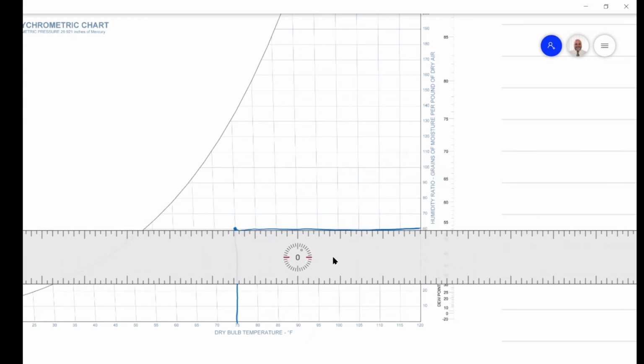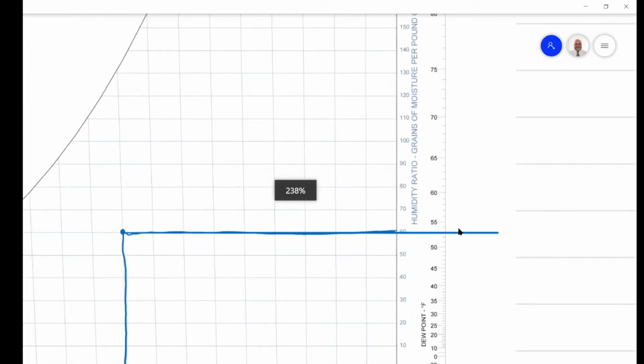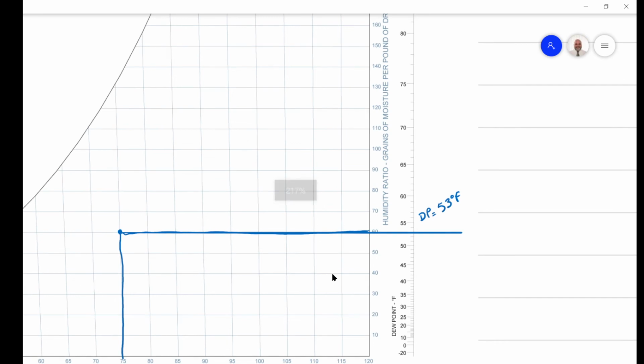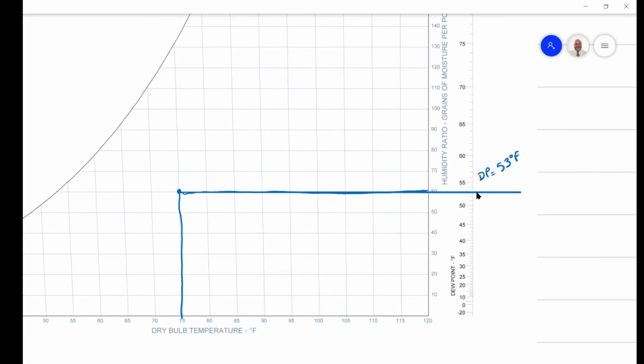One way is to simply draw a line to the right and see what the dew point is there. It's pretty much 50, 51, 52, 53 degrees. So your dew point is 53 degrees Fahrenheit, meaning beyond that temperature, you cannot add any more water. If you are at 53, you will not be able to add any more water to the air. If you try, the water will simply condense.